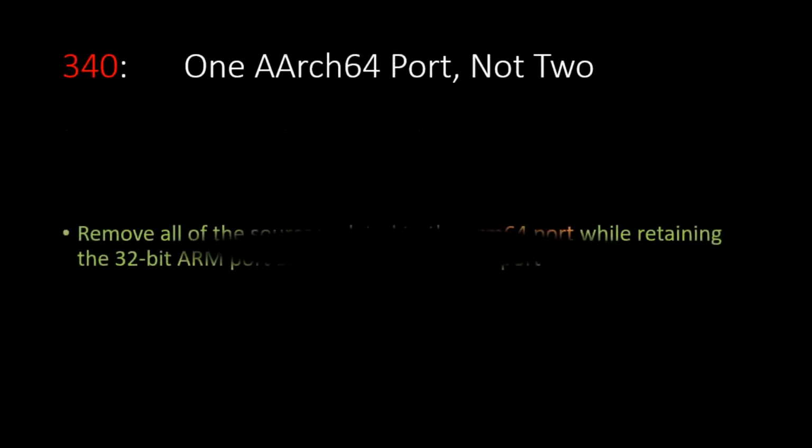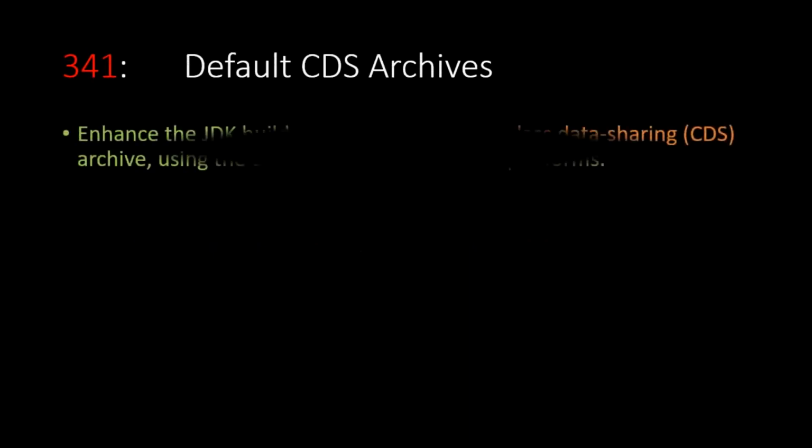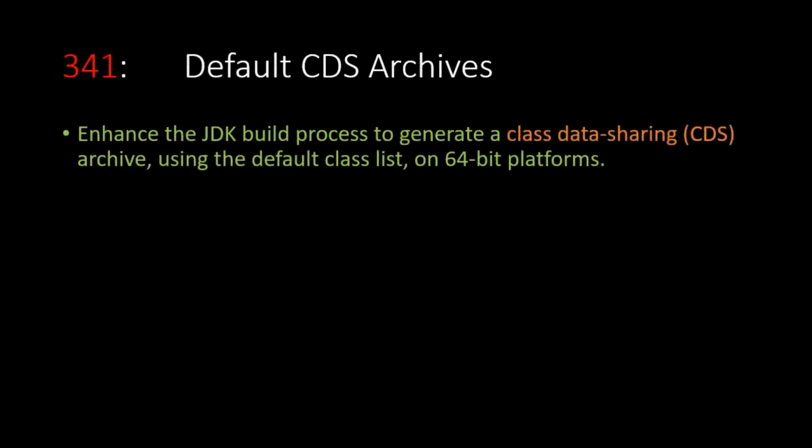Another feature is the removal of source code related to ARM64, since there are two versions. In this release, they are removing the ARM64 port source code and retaining only the 32-bit and 64-bit AArch64 port. The default class data sharing archives have been enhanced to generate the class data sharing using the selected class list.